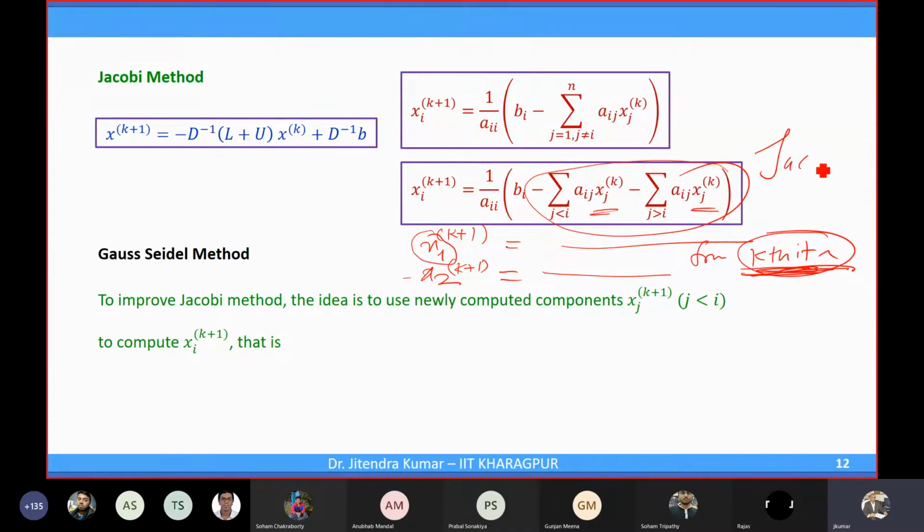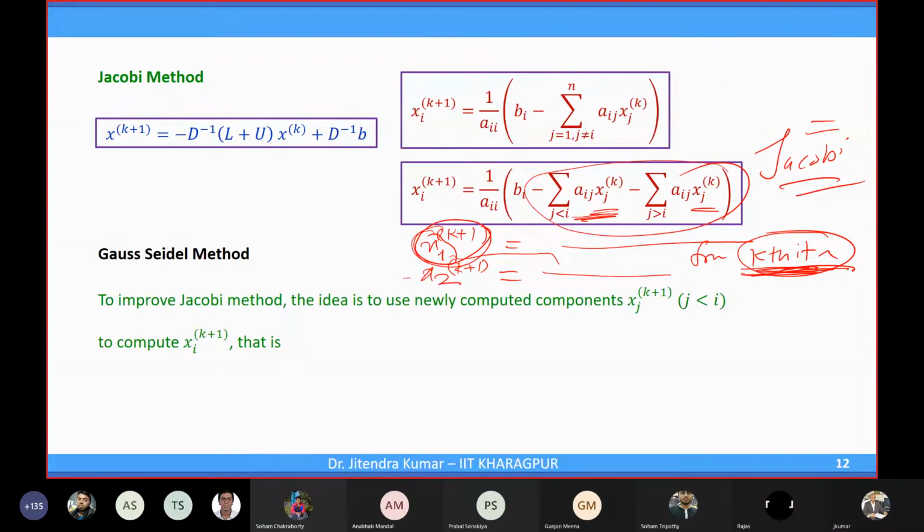But you should have this question in mind: if x1 is available now, which is supposed to be a newly computed, better value, why don't we use that x1 wherever x1 is coming? Can we use this newly computed value of x1 instead of using x1 from the previous iteration? So which one looks better?